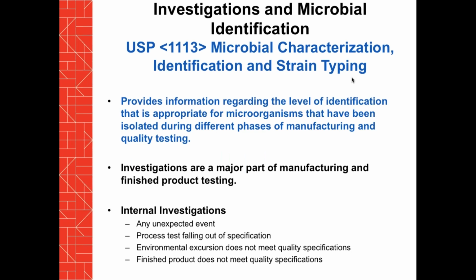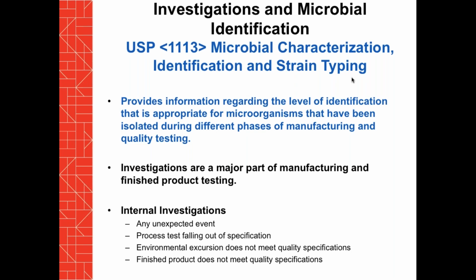USP 1113 is the investigations of microbial identification, or the microbial characterization, identification, and strain typing. Investigations are a major part of any compounding or manufacturing and finished product testing.